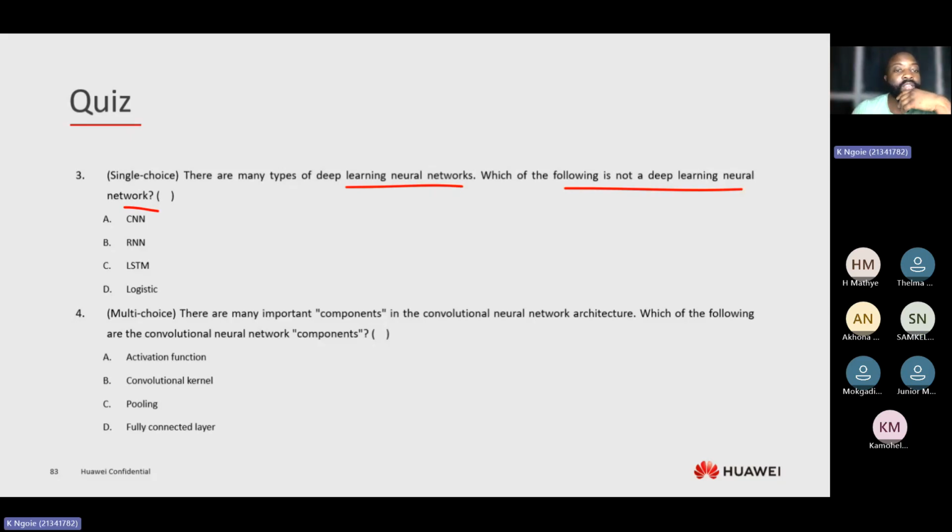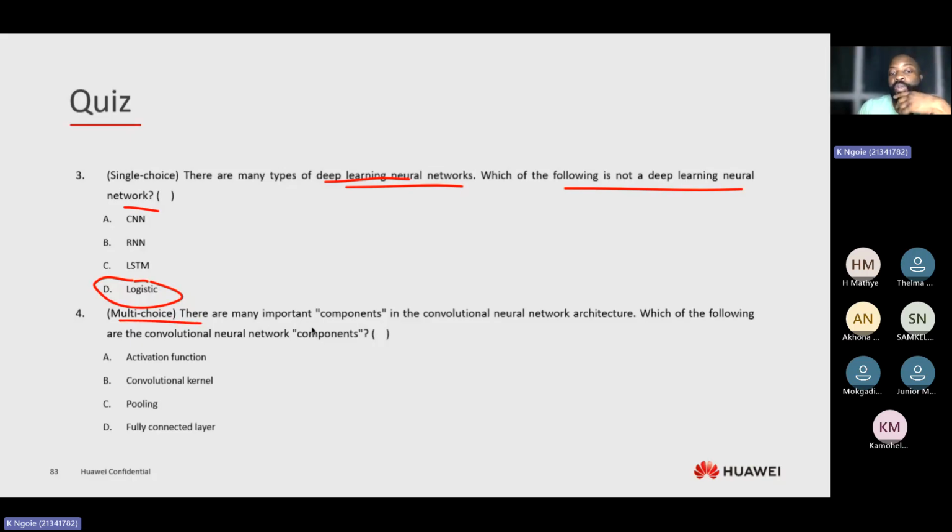D. What did you say? You say A. Logistic. Yeah, logistic, D. This is not. It's a simple machine learning algorithm, logistic regression. So it's not part of deep learning neural network.